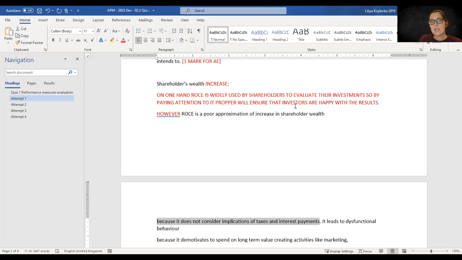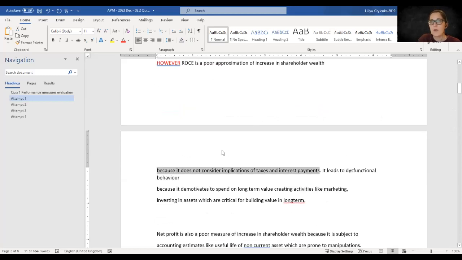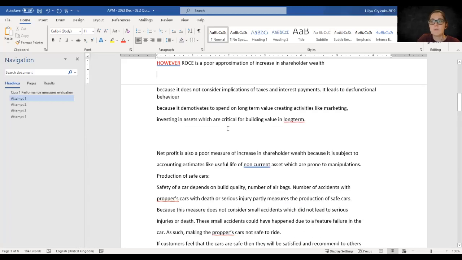But you need to ensure that your sentences within a paragraph actually are friends with each other. So in here, you say implications of taxes and interest payments. You could have said that this is important because that share is significant for this company, or because of something else.